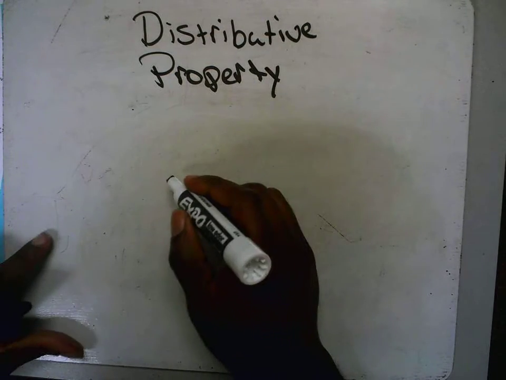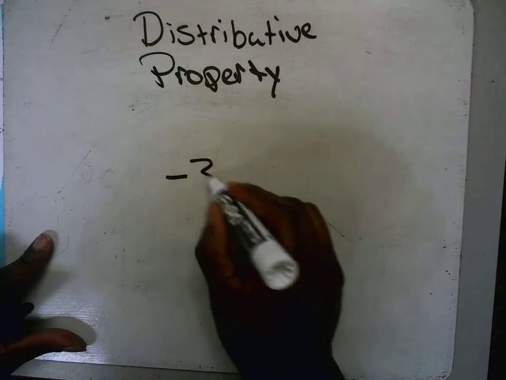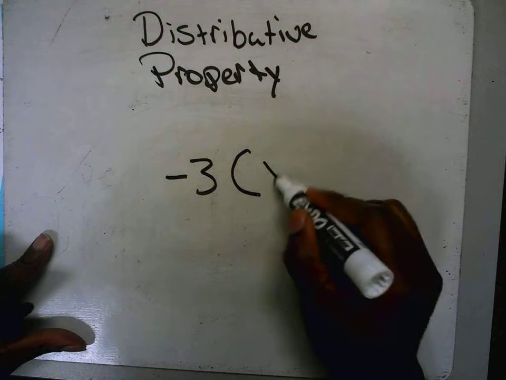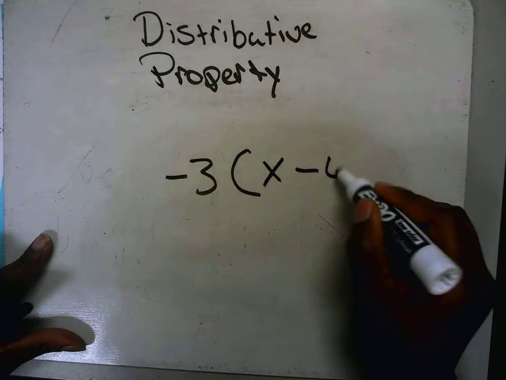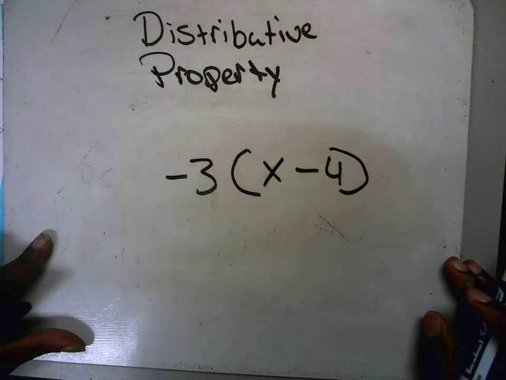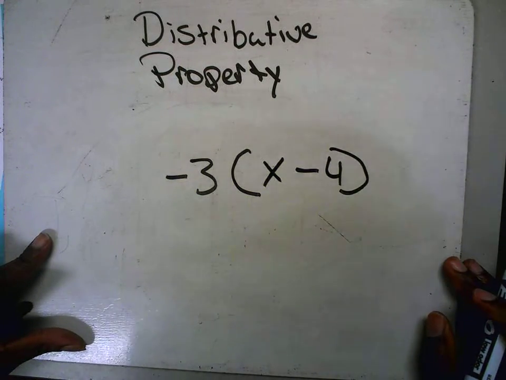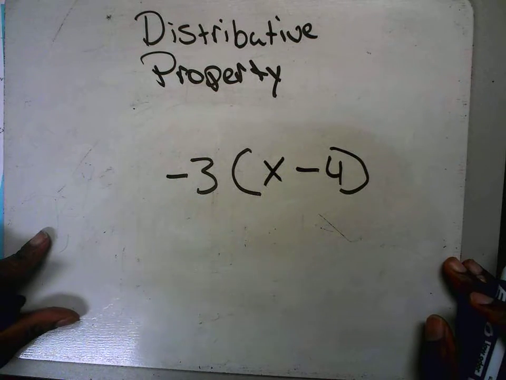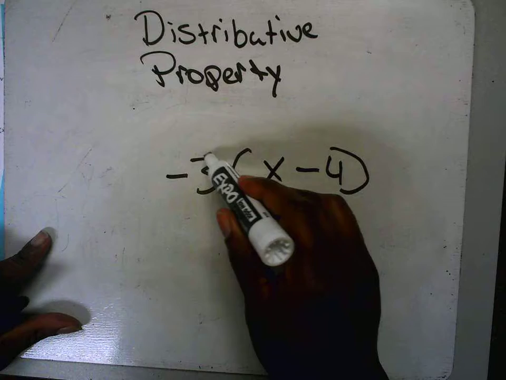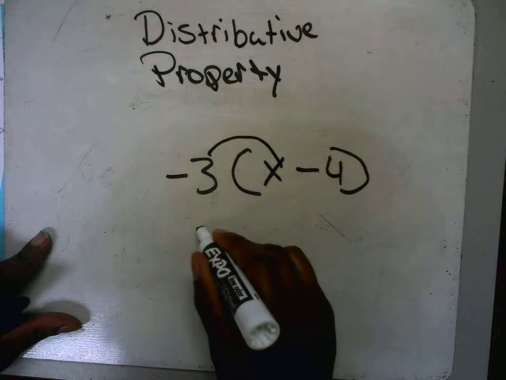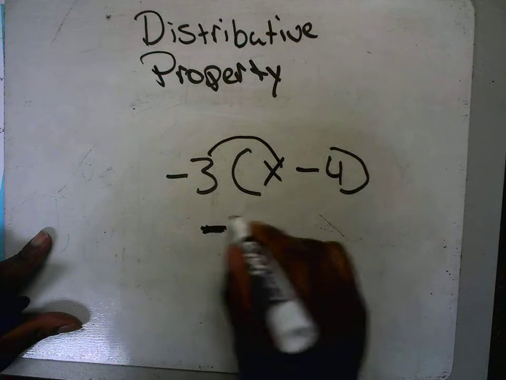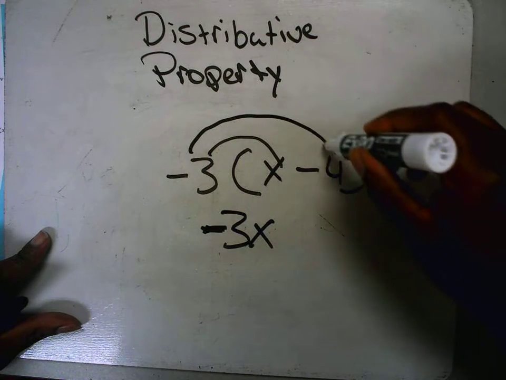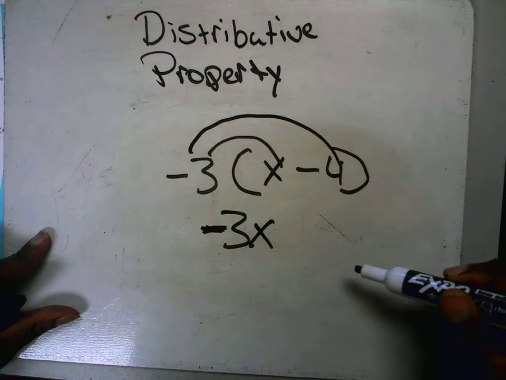So let's say we're actually multiplying by a negative 3. We're just going to use the properties that we've been using for multiplying and adding numbers. So this is going to be negative 3 times x. That's going to be negative 3x. Then we're going to do negative 3 times negative 4.